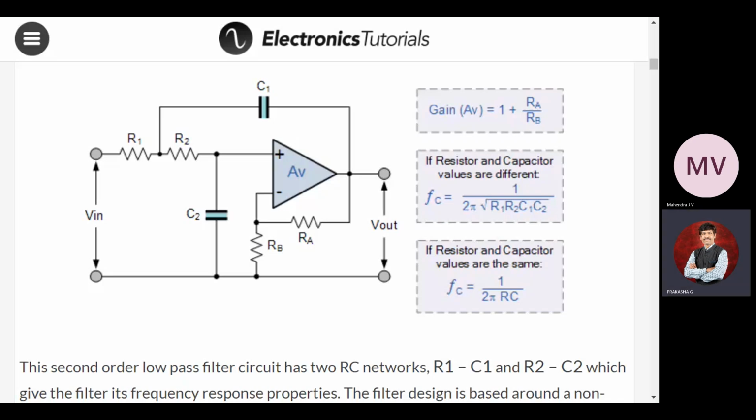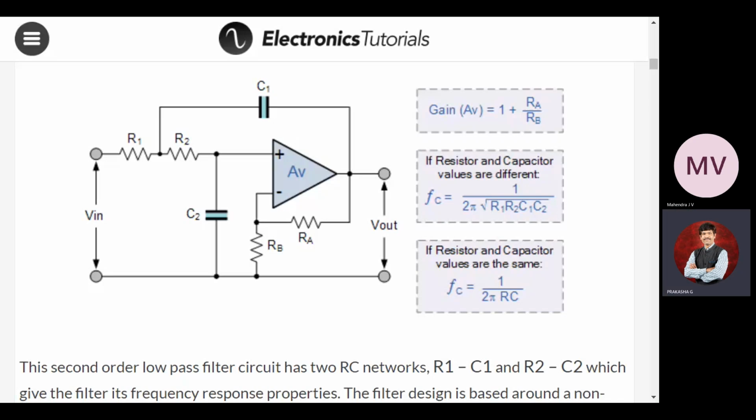BJT is the experiment name. What is the full question name? RC coupled amplifier using BJT. That is the question. RC coupled amplifier using MOSFET. RC coupled amplifier using JFET.